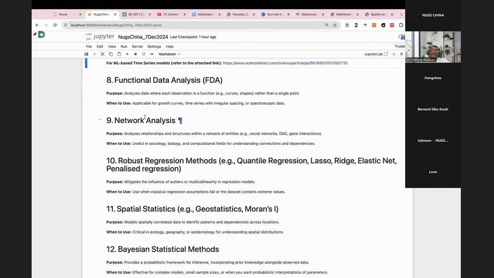And there's another one called network analysis. Network analysis is very important, and there are different types of network analysis. Even in political science, there's one called discourse network analysis, which is used to check how different opinions of politicians agree with each other.